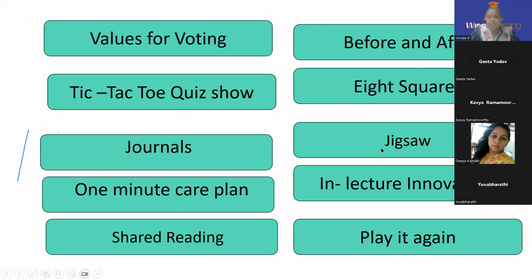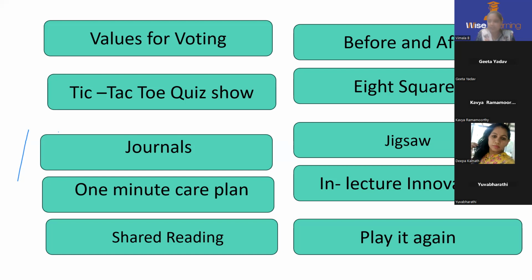There is one more called jigsaw. Jigsaw is also a very interesting activity. The objectives of critical analysis, evaluation, as well as application can be reached by doing this jigsaw activity. The class should be divided into 4 to 5 groups, and each group will get a different topic.